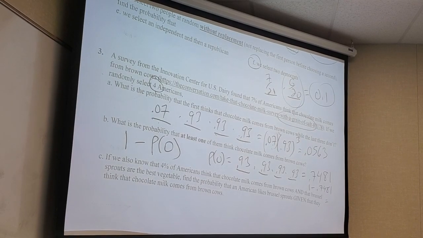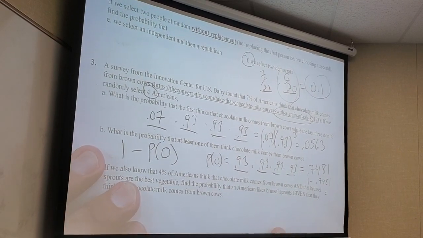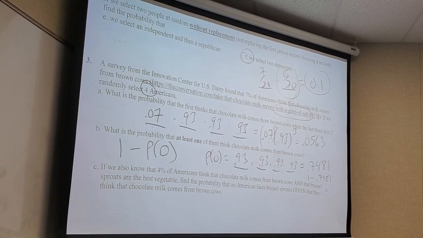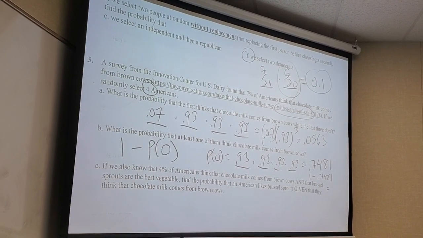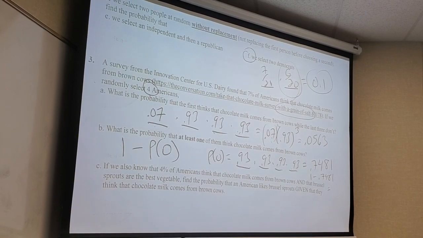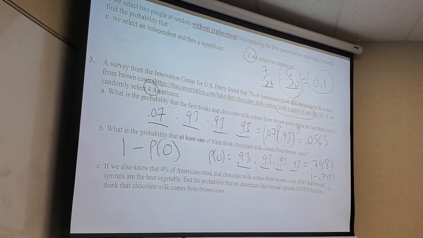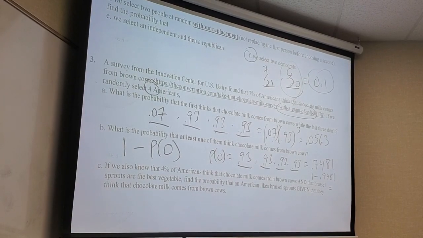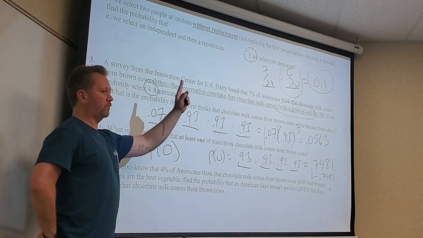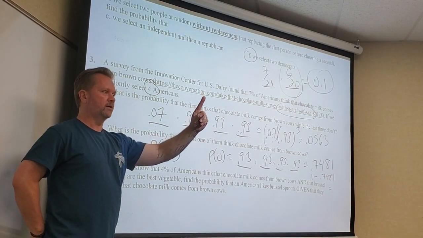Okay. Part 3A is very specific. If I said the probability of one person thinking that way, why does 3A not answer that question? It doesn't. Question 3A does not answer the question of what's the probability that exactly one person thinks that way. This one asks what's the probability the first person thinks that way.